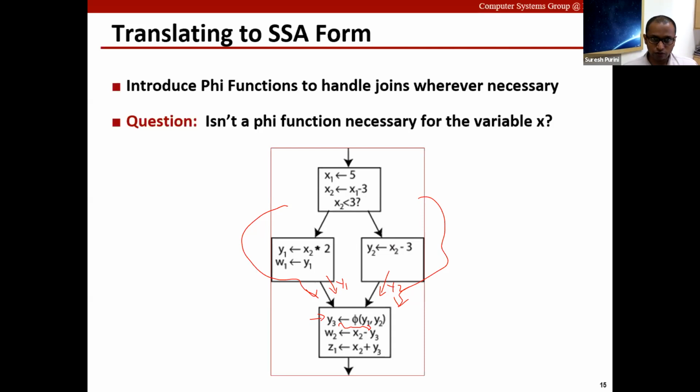So this is how multiple reaching definitions to a particular use are resolved by introducing phi functions. We use a phi function to merge multiple definitions and create a new definition, y3, which reaches the use at this step.